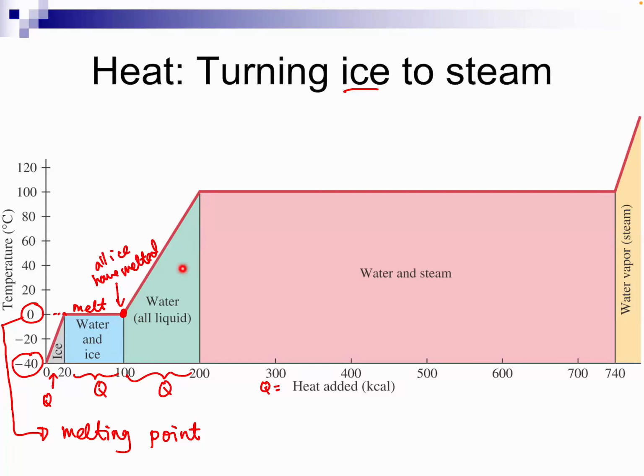So it's now all liquid phase. If you add heat to the water, the heat added goes into increasing its temperature, but the temperature of water increases only up to a certain point, until the water starts to boil.